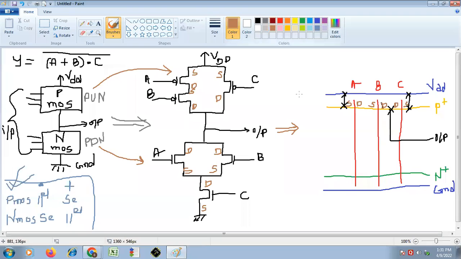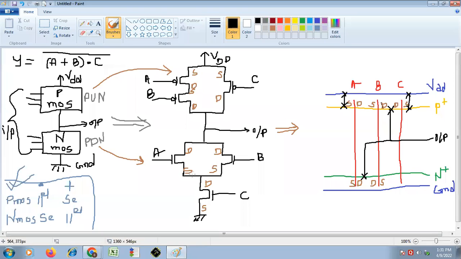So we will mark here the drain of A, because we have to make that common. This is the drain of B, it is the source of B and it is the source of A, and from this terminal we have to take the output like this. That means now we have finished with this connection.